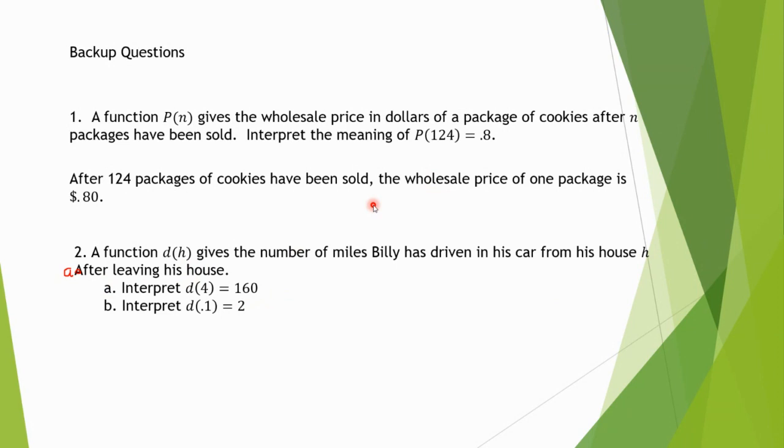That's what A is. Similarly here, 0.1 hours after he left his house, Billy drove d of 0.1 miles, which is 2. So he has driven 2 miles after leaving his house.